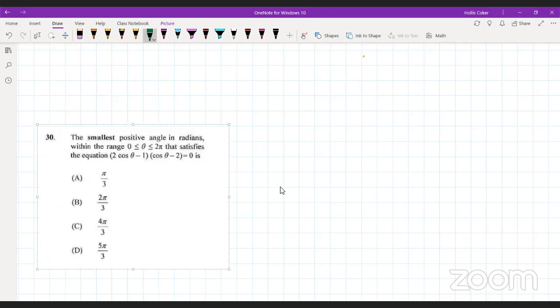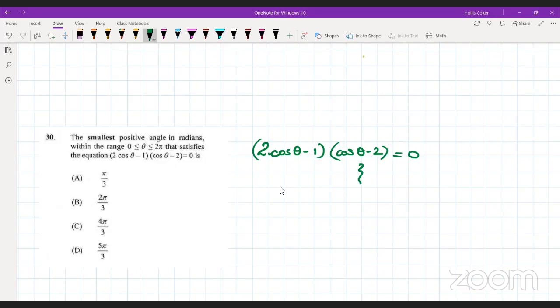In the first instance, you were solving an equation and reached down to this: 2 cos theta minus 1 times cos theta minus 2 must be equal to 0. So they already factorized it for you. So either cos theta is equal to 2, or 2 cos theta is equal to 1. All right?